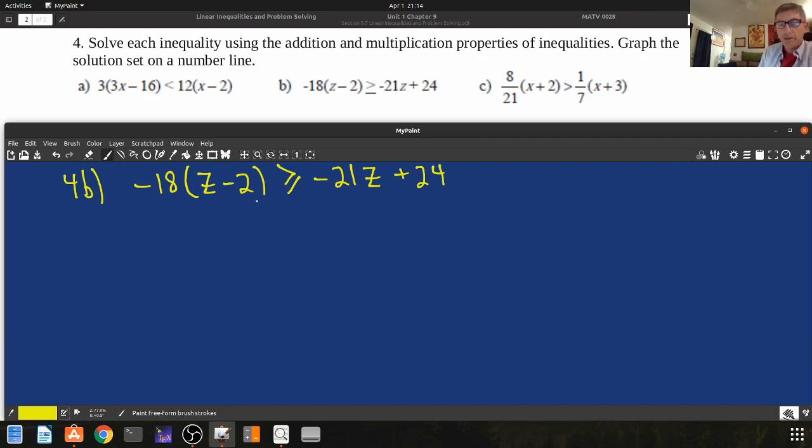So again, we're going to use distribution. Minus 18 times Z is minus 18Z. Minus 18 times minus 2 is plus 36. And this is minus 21Z. And this is plus 24.